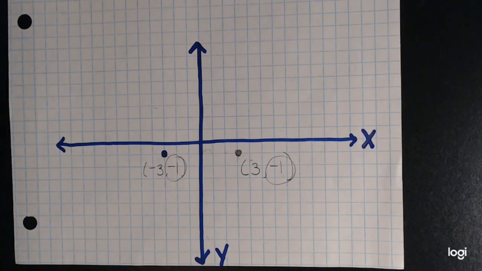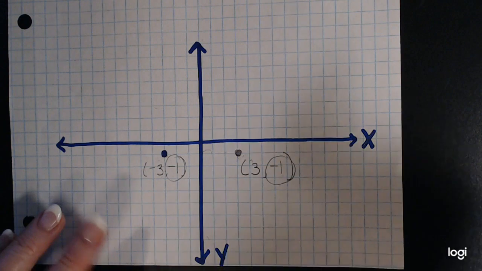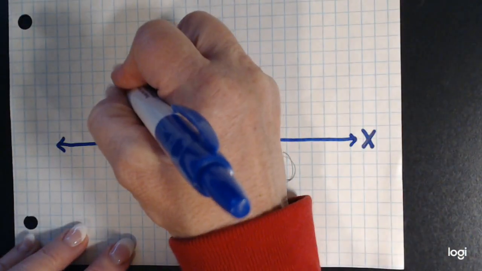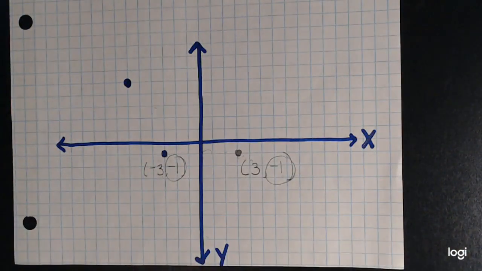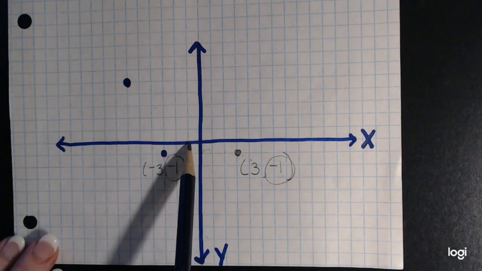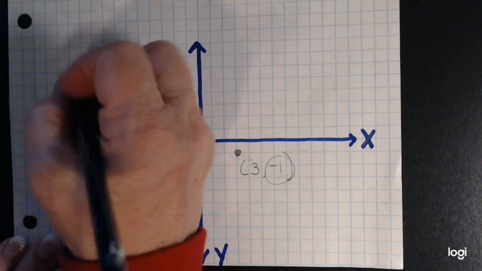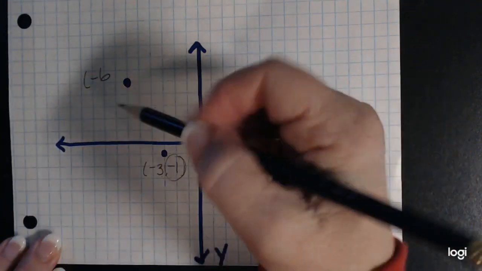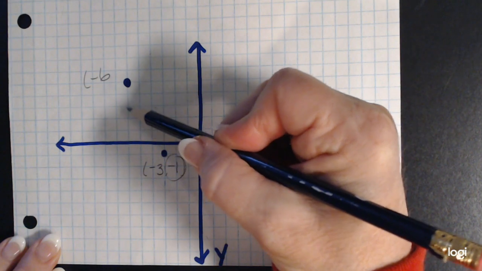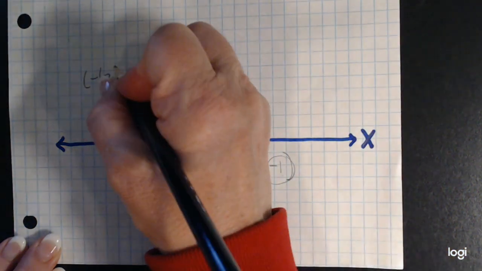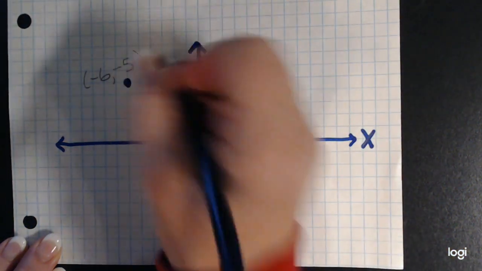All right, so the last problem I'm going to do is I'm going to put a point. Oh, let's put it way over here. I'm going to tell you to get to this point. Start at the origin. I'm going to go backwards. 1, 2, 3, 4, 5, 6. So I went -6. And I'm going up 1, 2, 3, 4, 5. So here is my point.